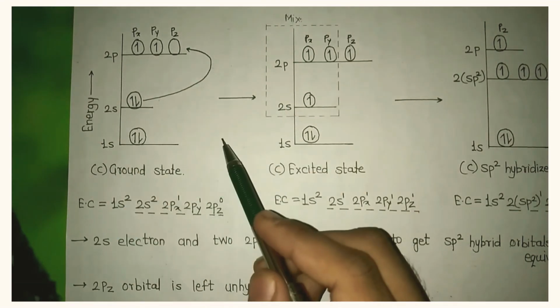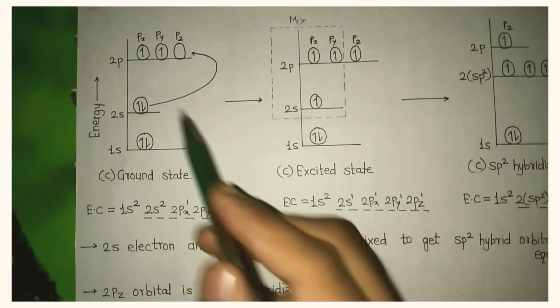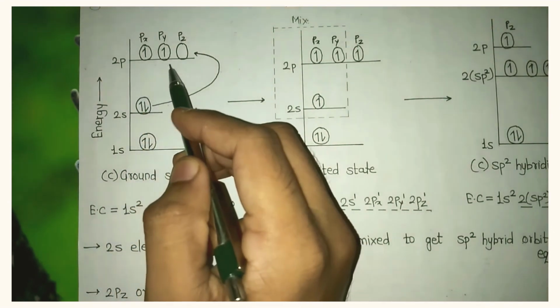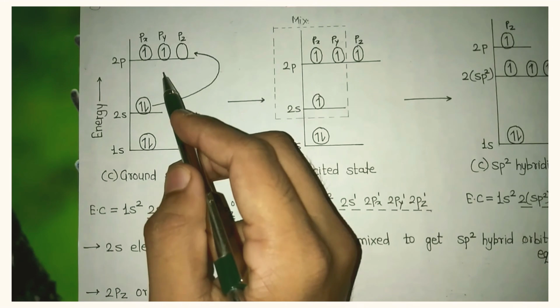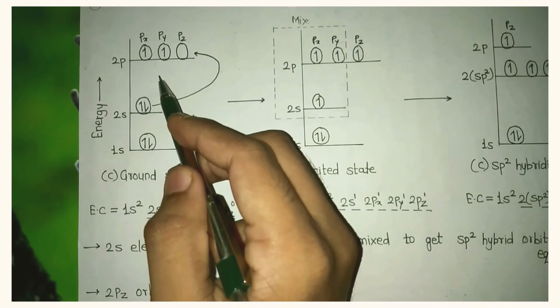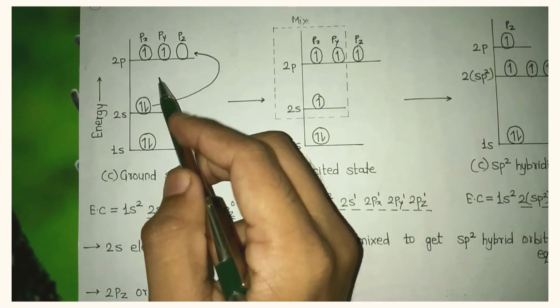In the ground state, there are only two unpaired electrons. This means the carbon will form only two bonds with other atoms.